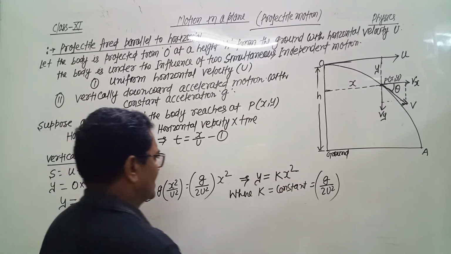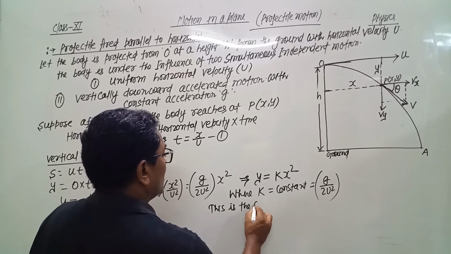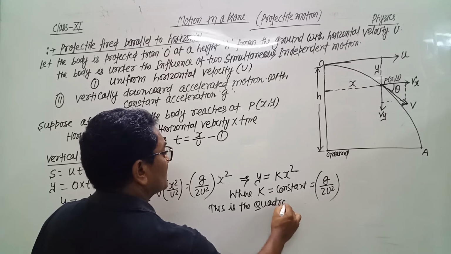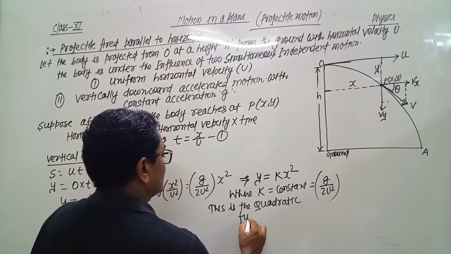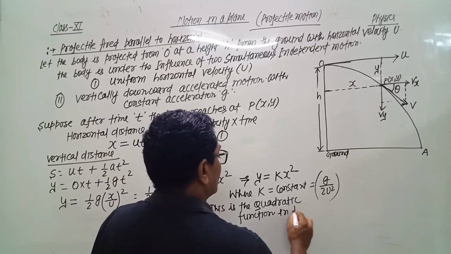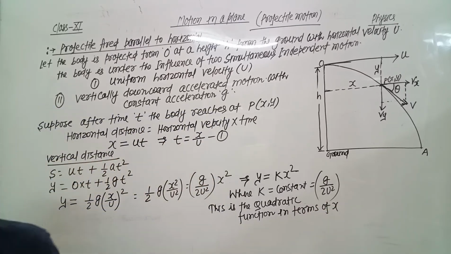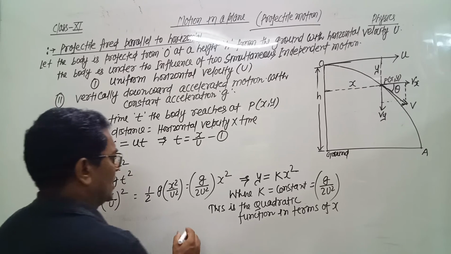This is a quadratic function in terms of x. y equals kx square, where k is constant and x square makes it a quadratic function. So we can say that this equation is a quadratic function of x. So the trajectory of the projectile is a parabola.